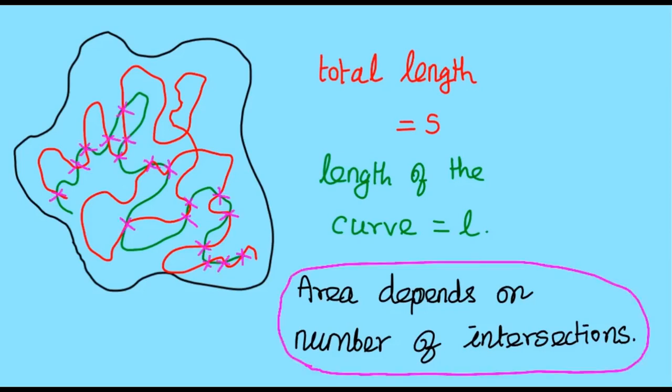Precisely, the area can be estimated as A = (2/π) × (S × L)/N, where S and L are the lengths of the curves and N is the number of intersections between them. This is from the Buffon's needle calculation.